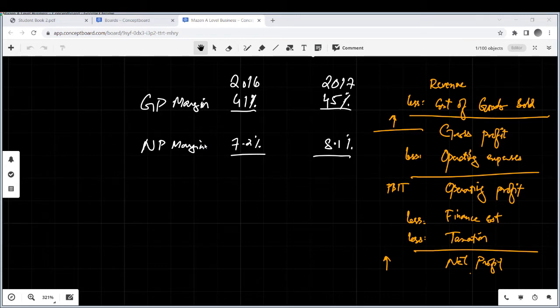I have to control my operating expenses. If for the same gross profit I reduce the operating expenses, my net profit would go up and my net profit margin would go up. So it's a matter of controlling the operating expenses.